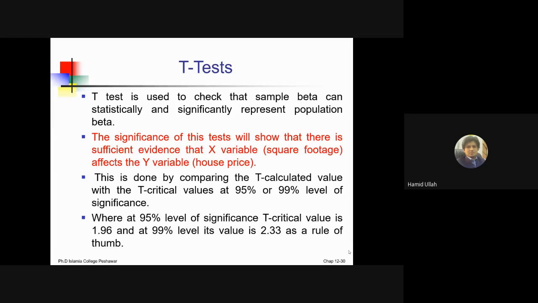If you get this sufficient evidence, then your model is okay and you can go for prediction. But if you fail to get this evidence, it means that you cannot forecast y on the basis of the x values, and there is actually a problem in the theory. The variable that you have considered from the theory as the x variable is not working.